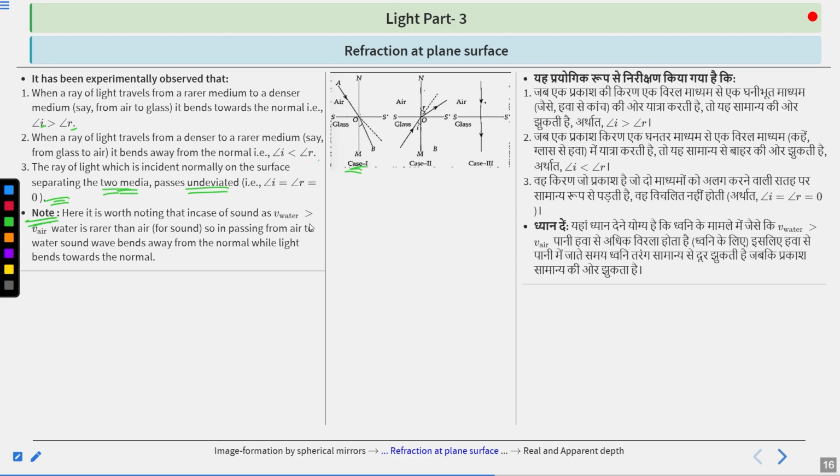For sound, velocity in water is greater than the velocity in air because water is rarer than air for sound. But for light, it is not. So when sound passes from air to water, it bends away from the normal. In the case of light, when light passes from air to water, it bends towards the normal. So this is an important case you are required to understand.